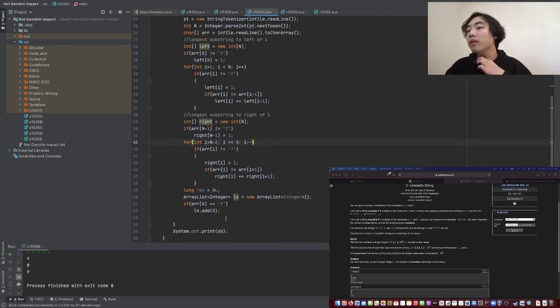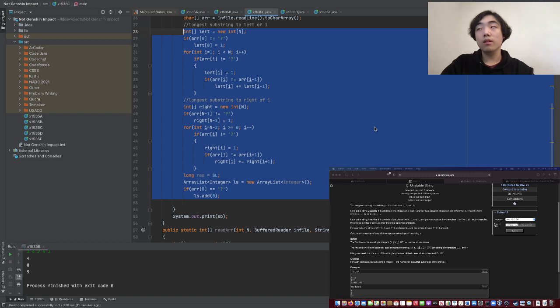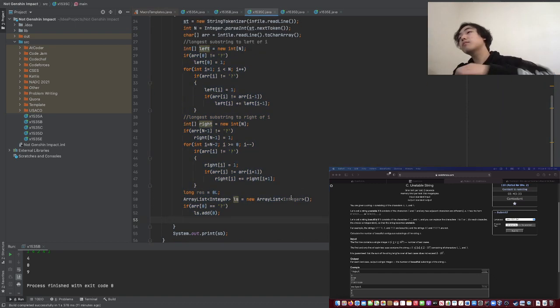Okay, I think, hold on, let me try this. What if I just do like number of substrings ending exactly here, and then, or I guess it's better if we just do it by this endpoint.